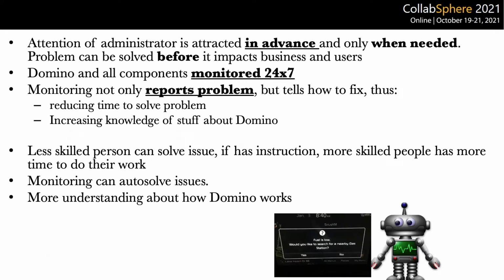And one more plus of having monitoring, we can train our people about, let's say, how Domino is built, how it operates. For example, one of our customers saw that the cache is not efficient. And he said, oh, okay, now I know there is a cache.